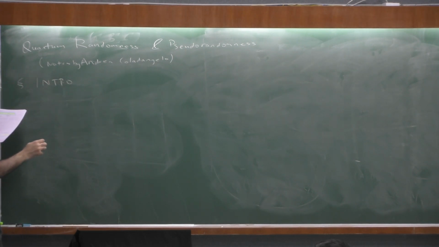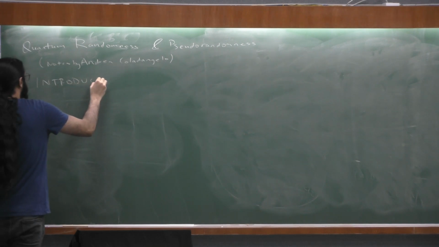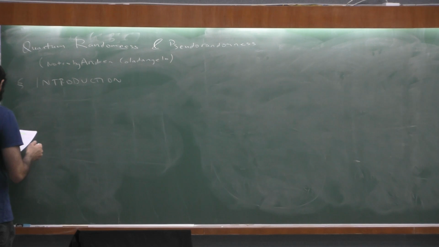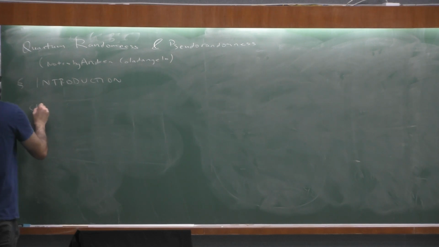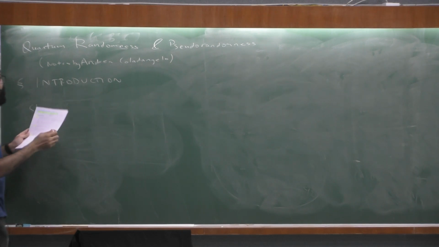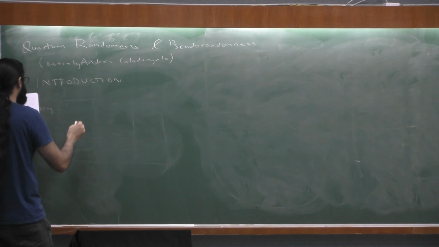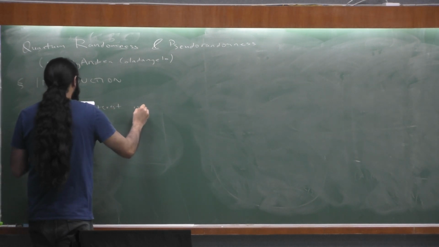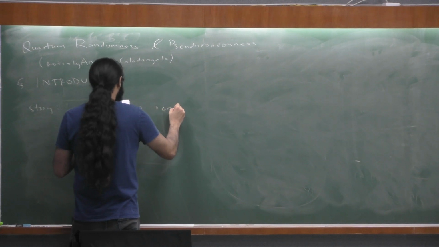So let's start with the introduction. It's going to be a little bit of story writing, okay? In the beginning, there's been a lot of interest in random and pseudo-random states.